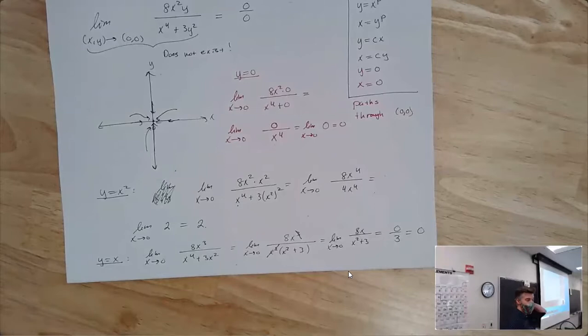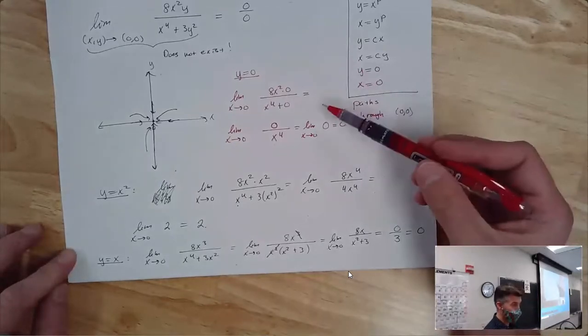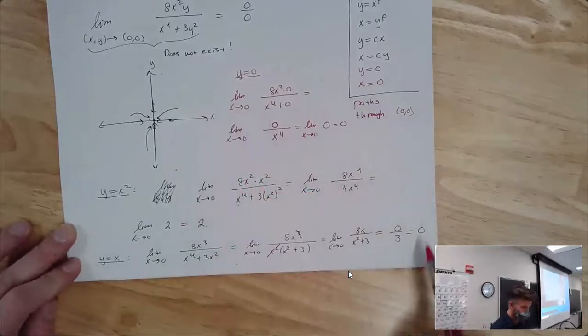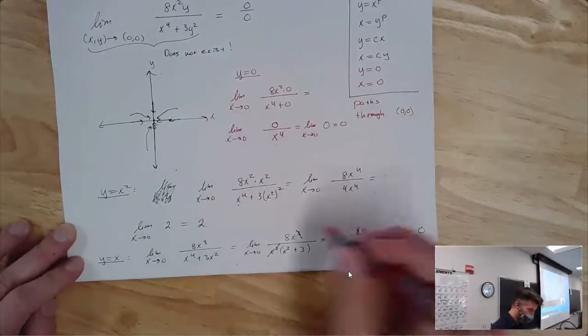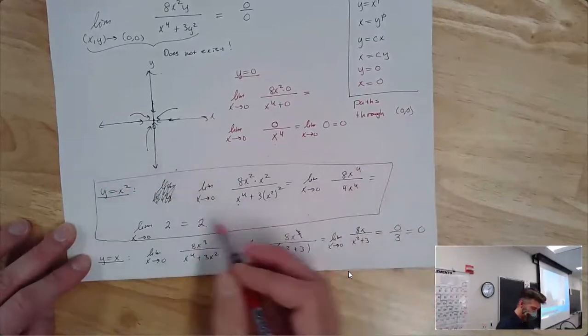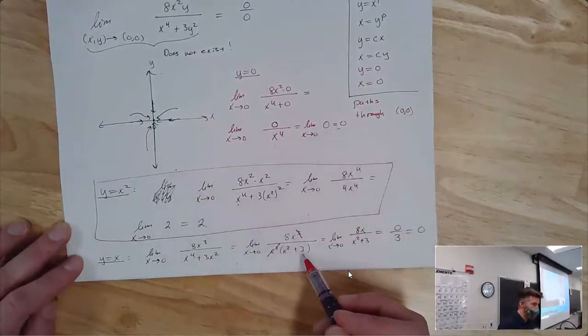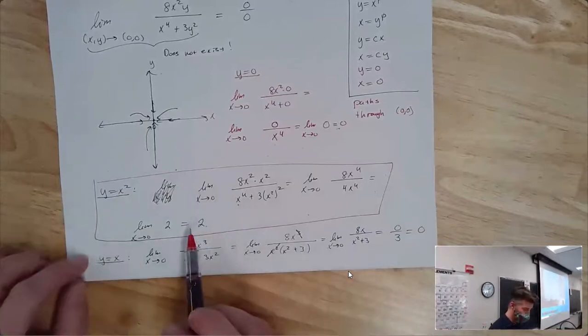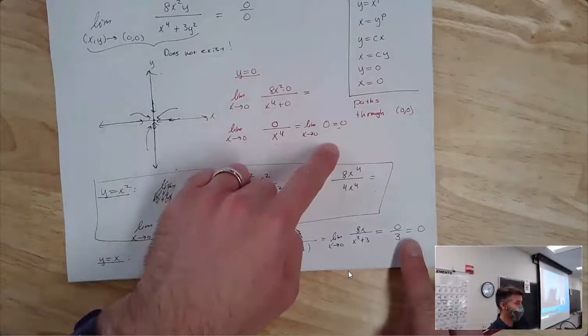I'm just trying to point out that this is often a good choice. To me, this feels like a bit less work than this. But this one, combined with either this work or this work, is sufficient to show that this limit doesn't exist, because we have one path giving us 2 and one path giving us 0.